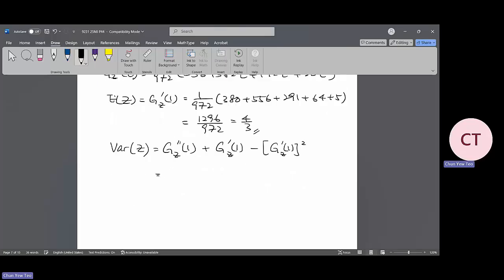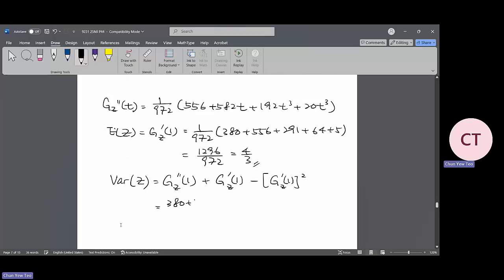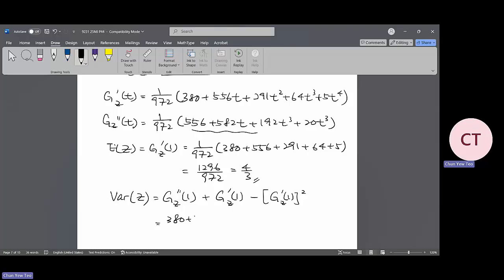Sorry, the G double prime is over here: 556 plus 582 plus 192 plus 20, divided by 972, plus the mean minus the mean squared.